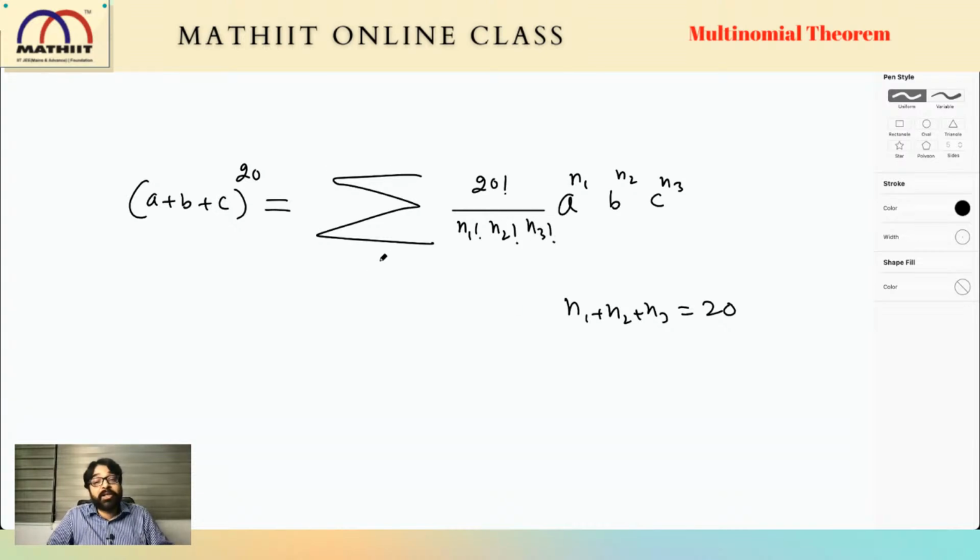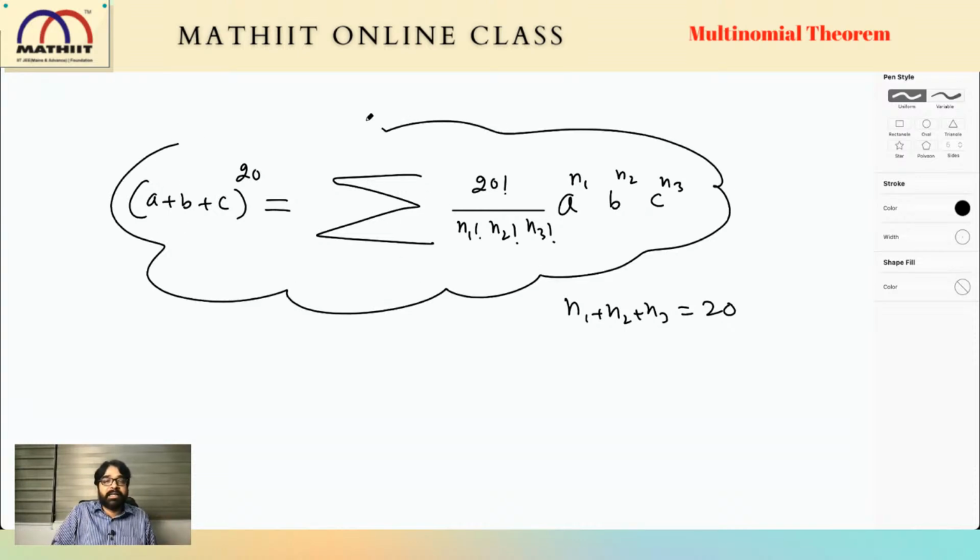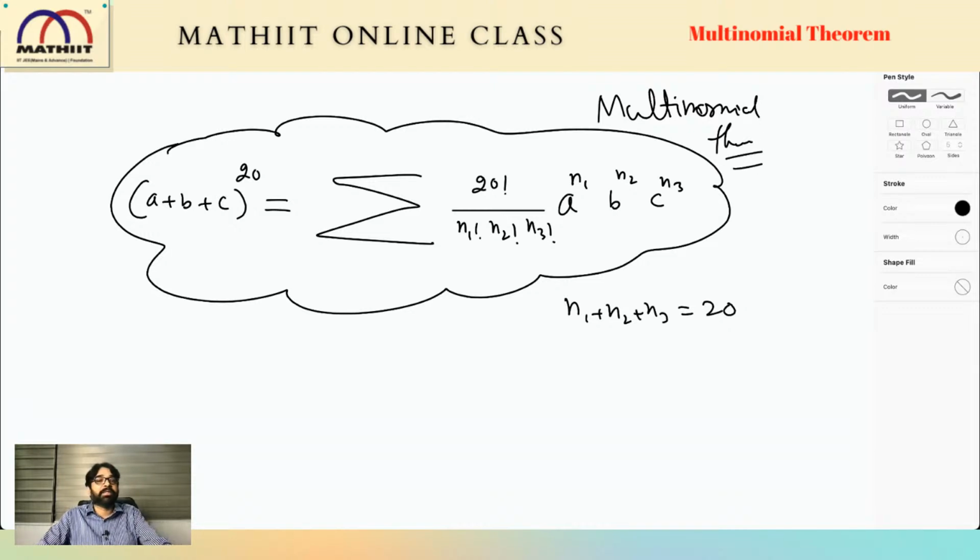And why sigma, sir? You take all possible values of n1, n2, n3 and add them. That's why I kept sigma. This kind of logic is called the multinomial theorem. Everybody understood the meaning of the multinomial theorem? Please confirm.